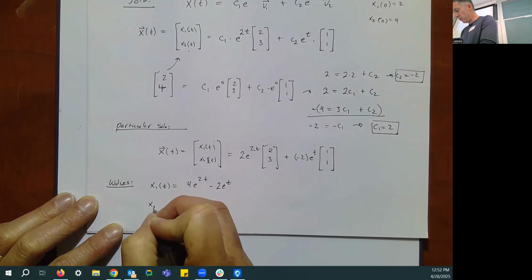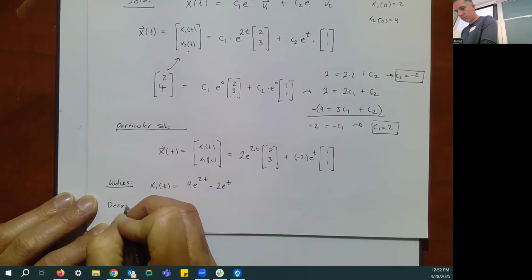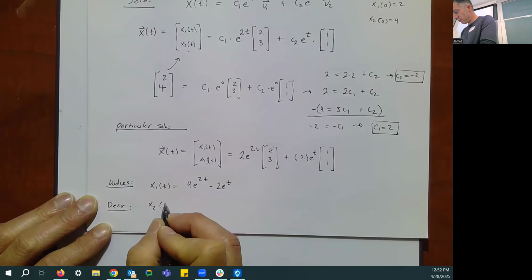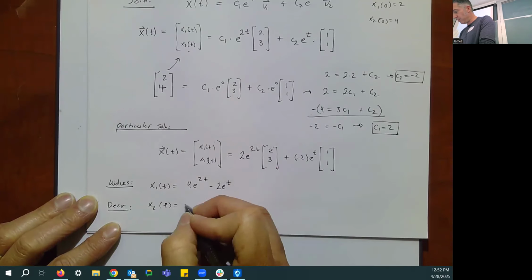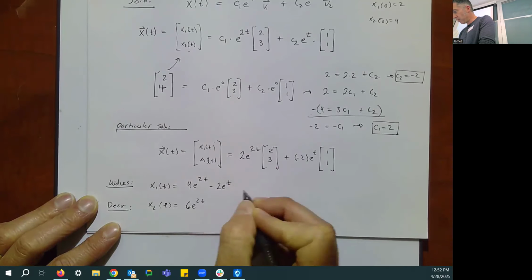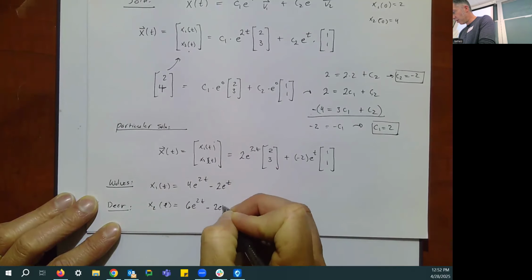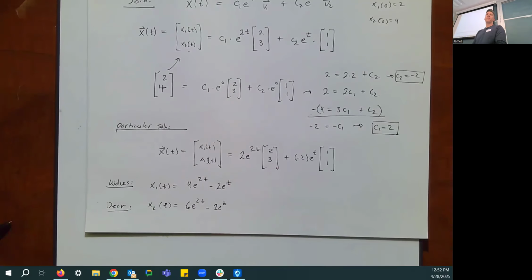And the deer population is going to look like 2e to the 2t times 3 minus 2e to the t. Both of them are going to get larger and larger because this part is going to outweigh that second part. A couple things to say about this.